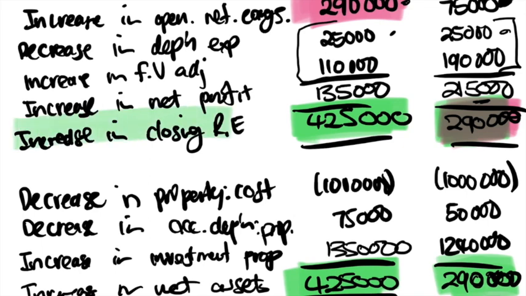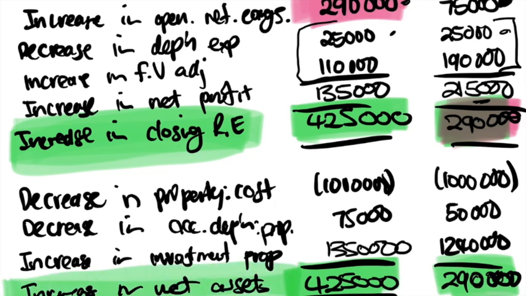An increase in our closing retained earnings is represented by an increase in our net assets, because our net assets impacts our equity, and our closing retained earnings is part of our equity. So that's the net effect overall on our equity. And once you've done this disclosure and you have these numbers matching, then you know you've done this 100% correct.